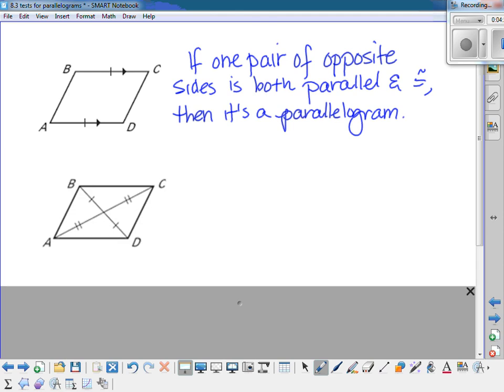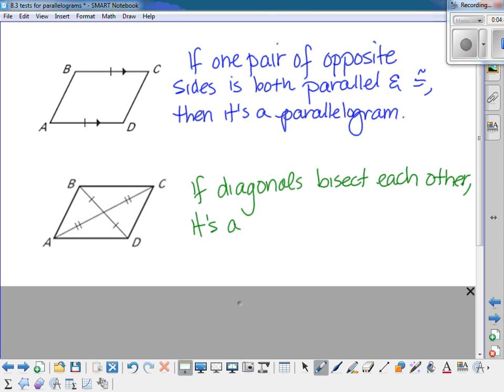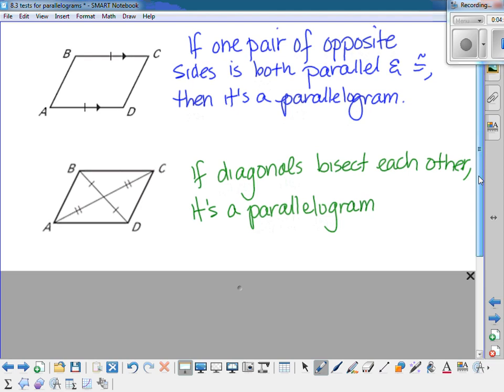And if the diagonals bisect each other, it's a parallelogram. So essentially, this is just the converse of what we learned in the last section.